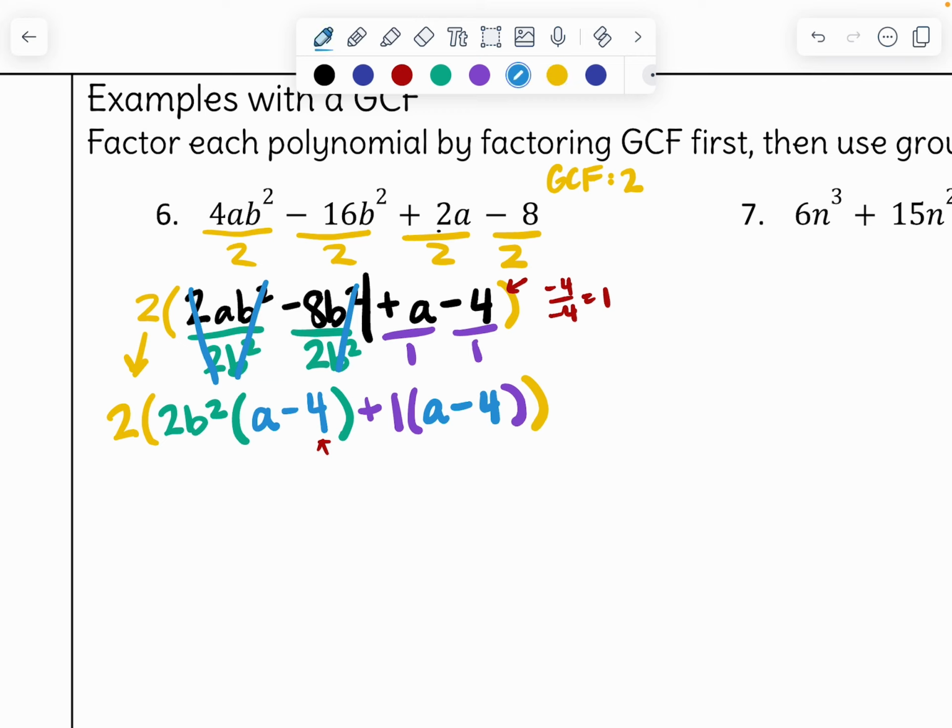So let me bring down the 2 again. 2. I'll factor out this binomial, a minus 4. And then 2b squared plus 1.